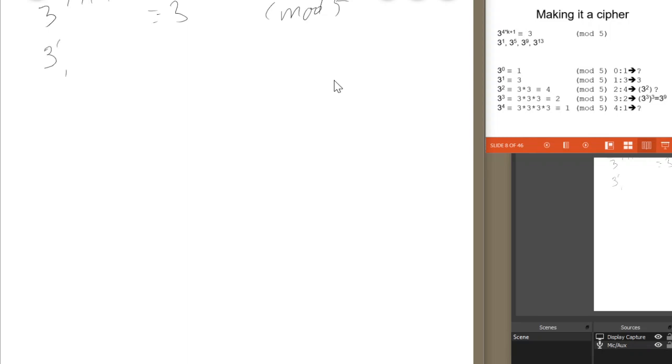For k equals 1, it's 3 to the power 5. For k equals 2, it's 8 plus 1, 3 to the power 9. For k equals 3, we get 4 times 3 is 12 plus 1, 3 to the power 13. All of them congruent to 3 mod 5.